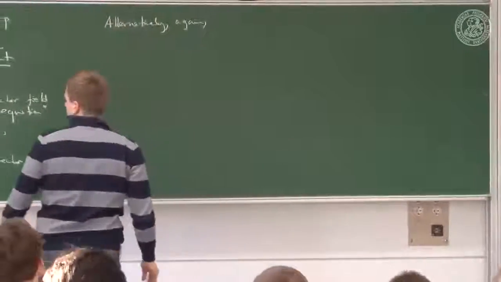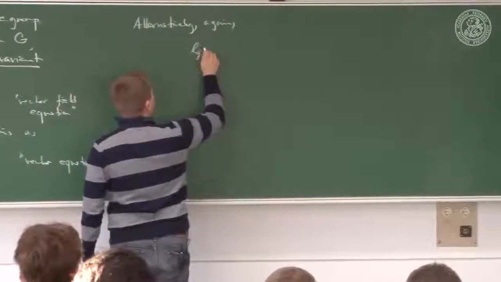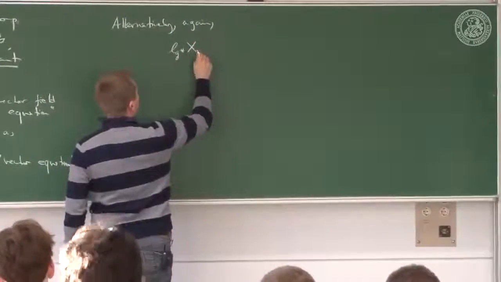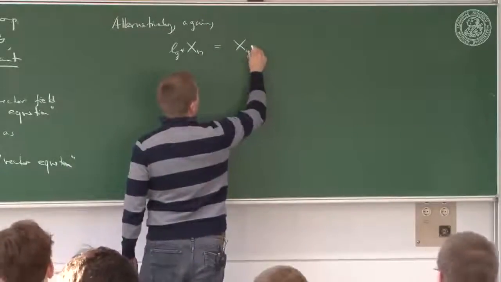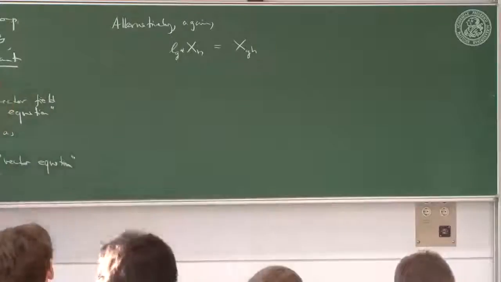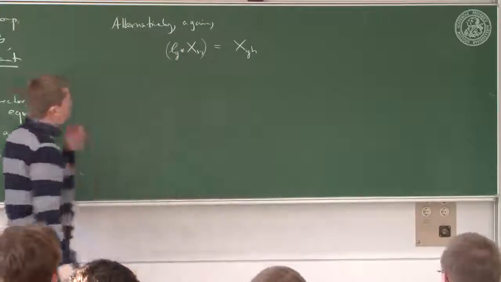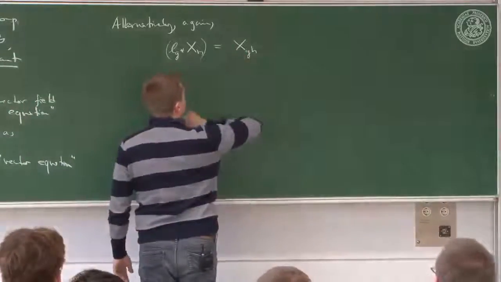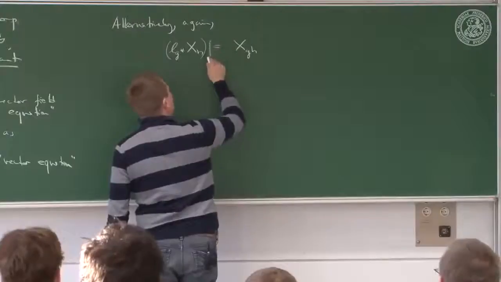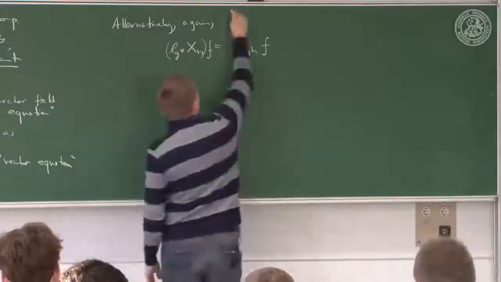One can write it as follows. So we start from here. So we take the push forward of the vector field at the point h, and we know that ought to be the vector field at gh. Now, this here is again a vector at gh, and this is also a vector at gh, makes perfect sense. But now we can apply it to an arbitrary function f.